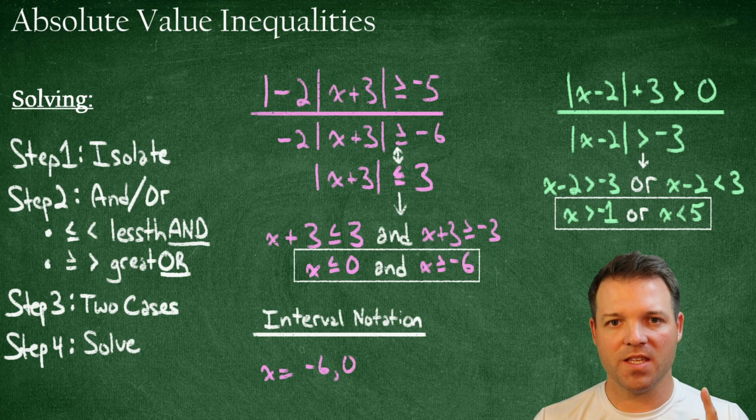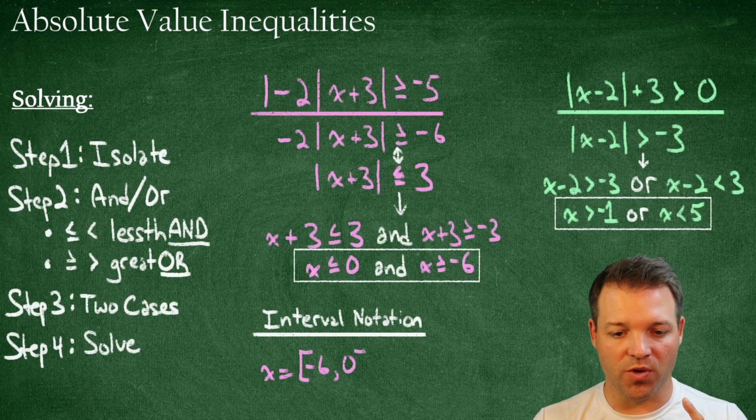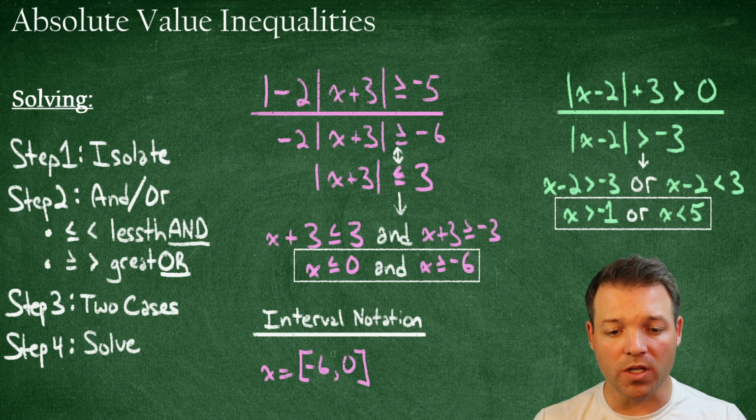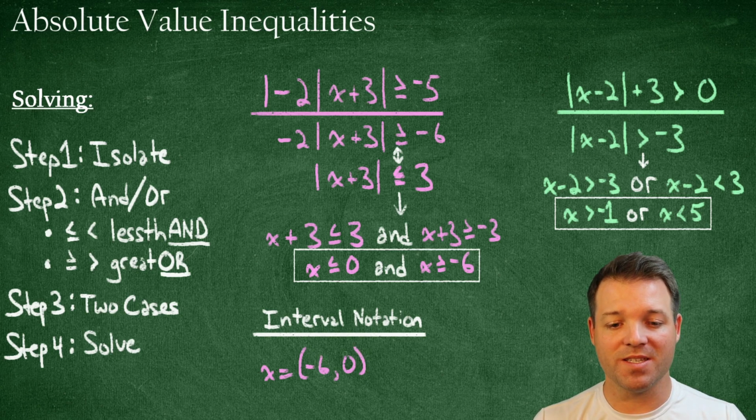Now, at this point, I need to choose whether the parentheses out here are parentheses or box brackets. The box brackets indicate that those endpoints are included in the solution. If I put parentheses, then that means these endpoints are not included in the solution.